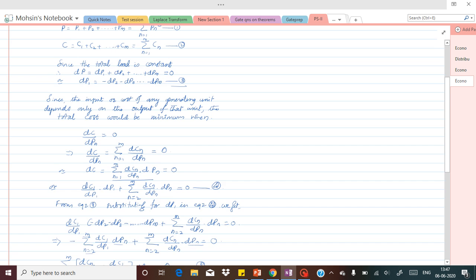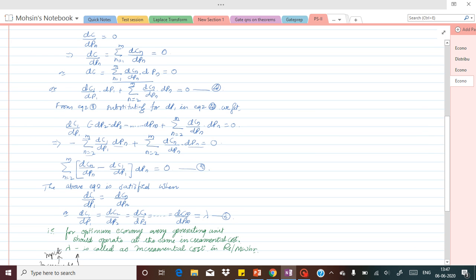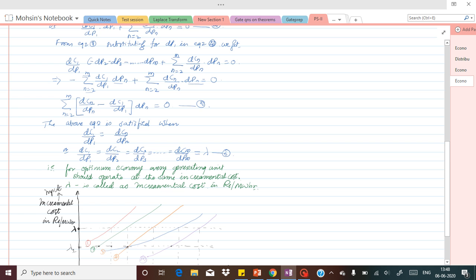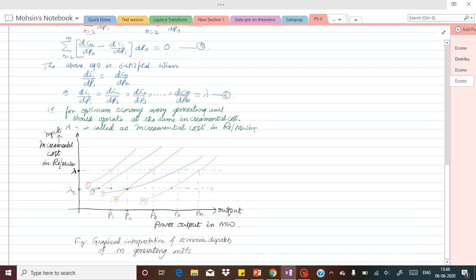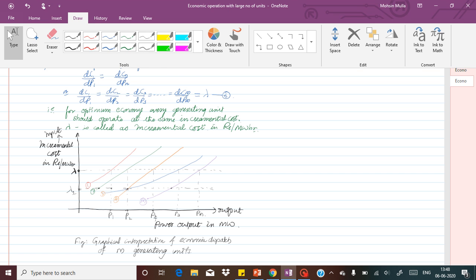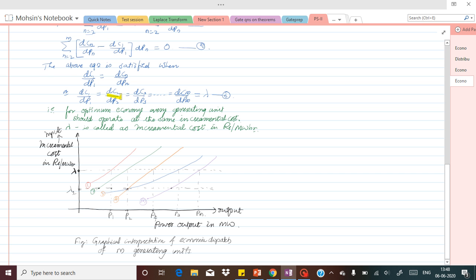Continuing with that concept and substituting different expressions, we arrived at the expression of the incremental cost, which is this lambda. You need to remember this lambda, because it is going to be very important in all other concepts that we are going to consider in the upcoming video lectures.